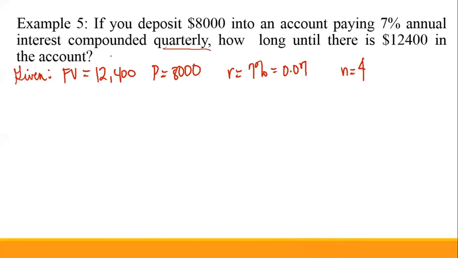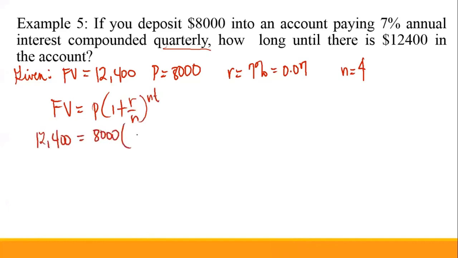Okay, so plug in this information into our formula. So this is 12,400 equals 8,000 times 1 plus 0.07 over 4, raised to 4 times t. Okay? And then calculate natin.